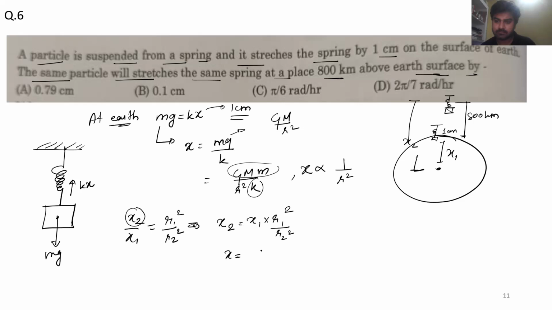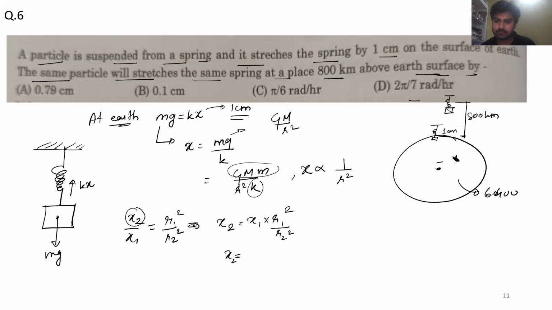What is x1? X1 is the radius of the Earth, which is 6400. Sorry, these are R1 and R2, okay?